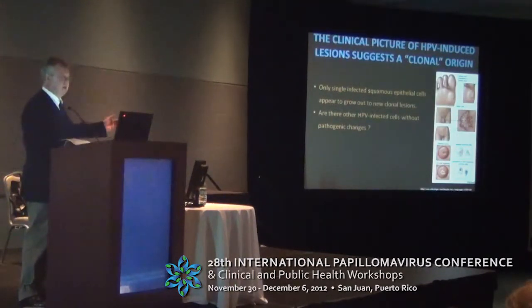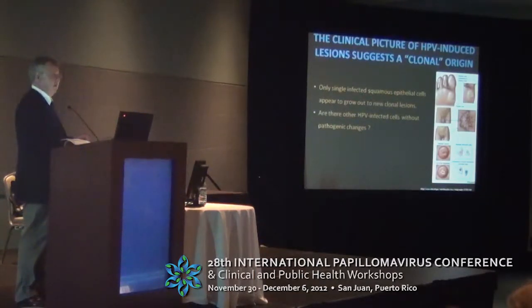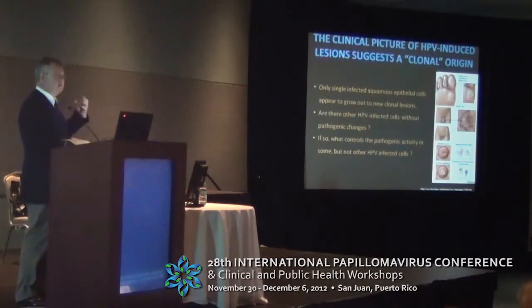Are there cells that become infected by the virus and that do not grow out to any further lesions? Totally unknown. And if we anticipate that papillomaviruses infect other epithelial cells, what actually happens to the virus? Why doesn't the virus become active in the very same cells where it usually causes disease in other circumstances?